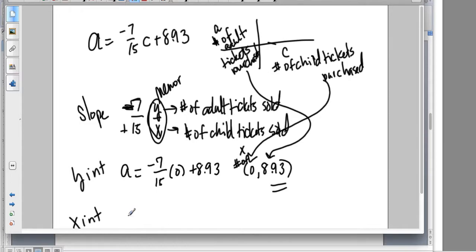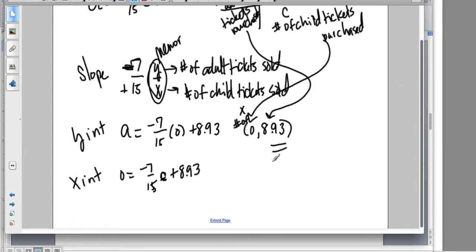Now, to find the X-intercept, you would put 0 in for A. Now, think about solving for this. If you're solving for C here, that's a little bit harder math than what I did up here.